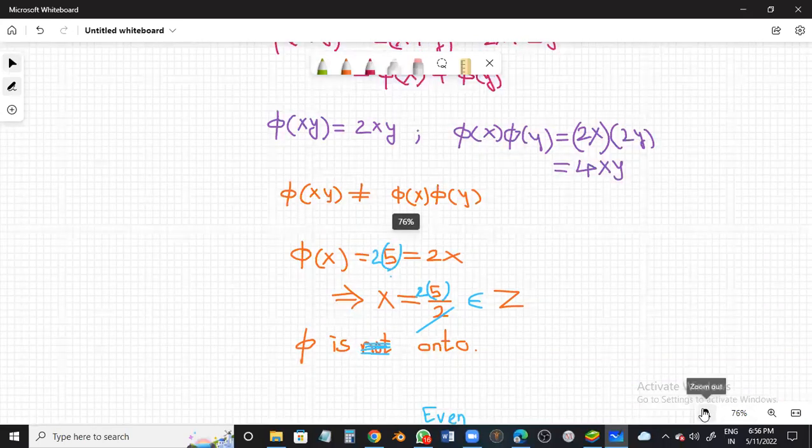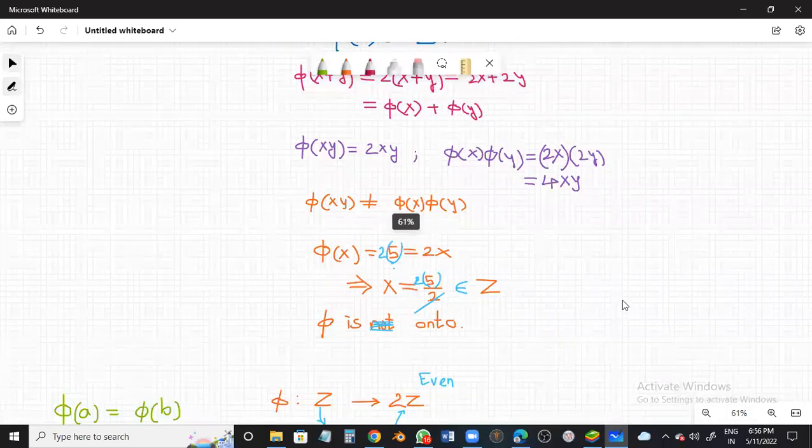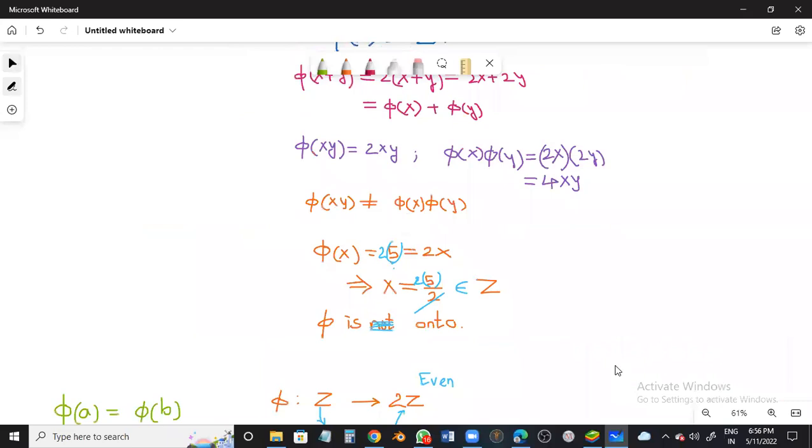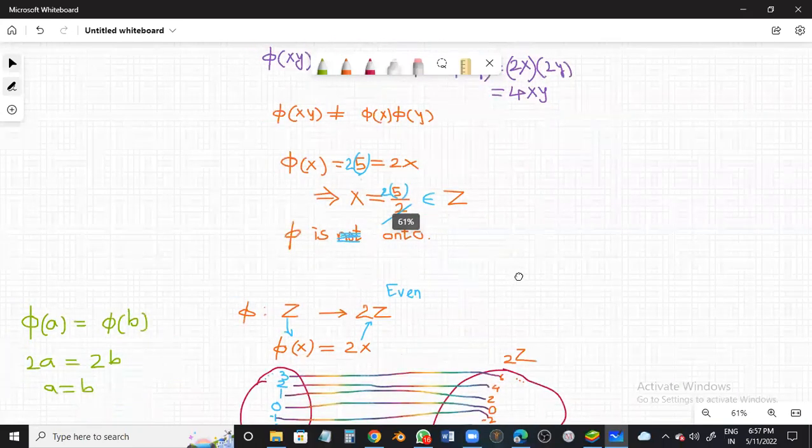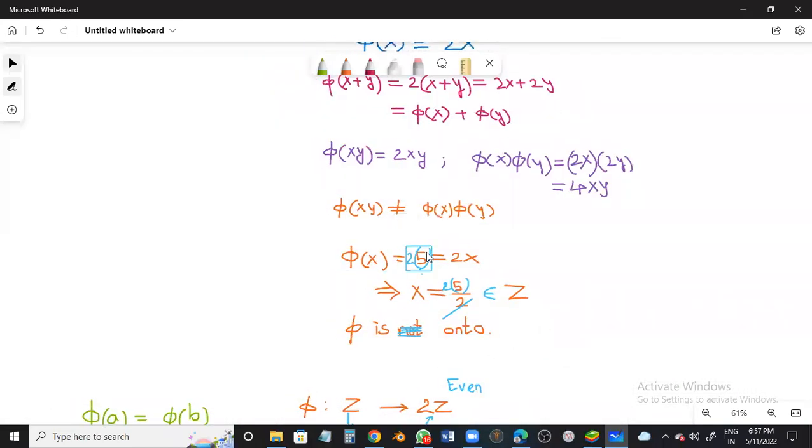But for isomorphism, it has to satisfy these three conditions, na: one-one, onto, and homomorphism. So the homomorphism property is not satisfied, surely it is not an isomorphism. See what I mean to say? It is not an isomorphism, but it is one-one as well as onto. I mistook this earlier, and that I just wanted to correct.